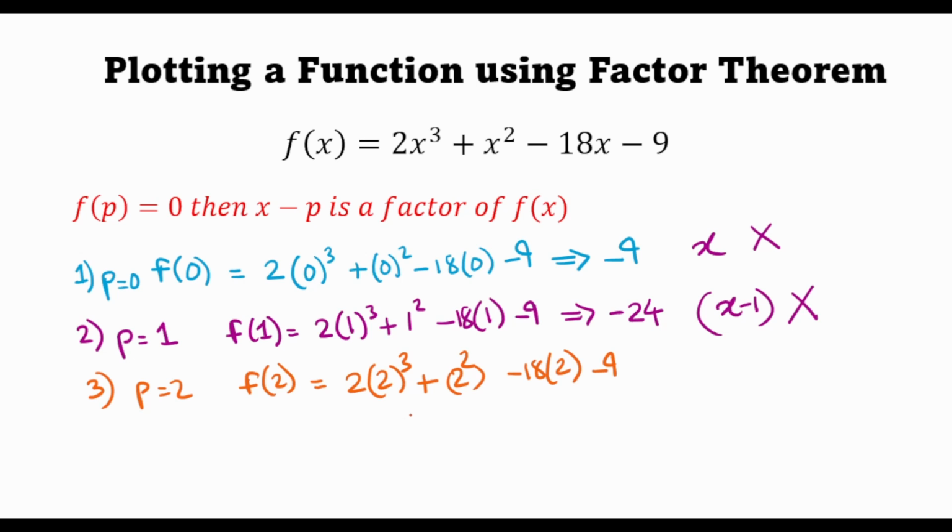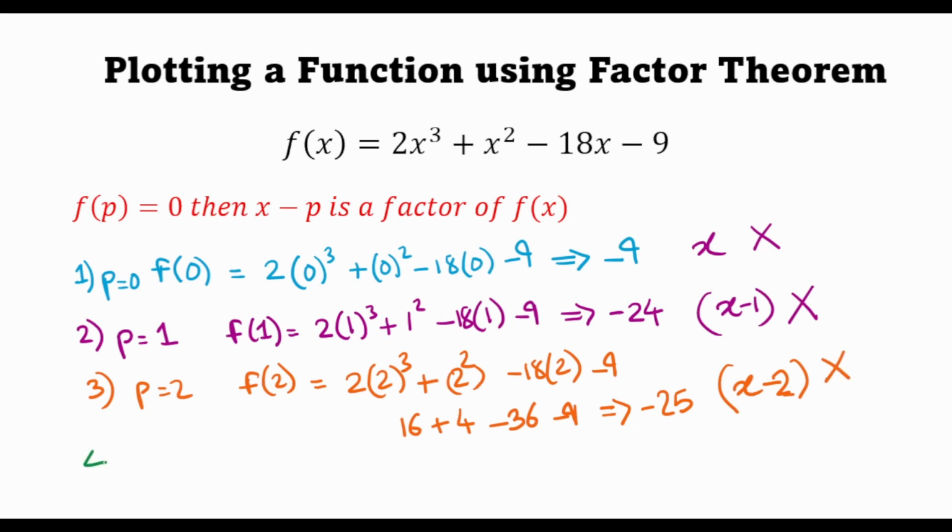So 2 cubed would be 8, times 2, 16, plus 4 minus 36 minus 9. This would be 20 minus 36, minus 16, minus 9. So this is equal to minus 25, and we know that x minus 2 is also not a factor of f of x.